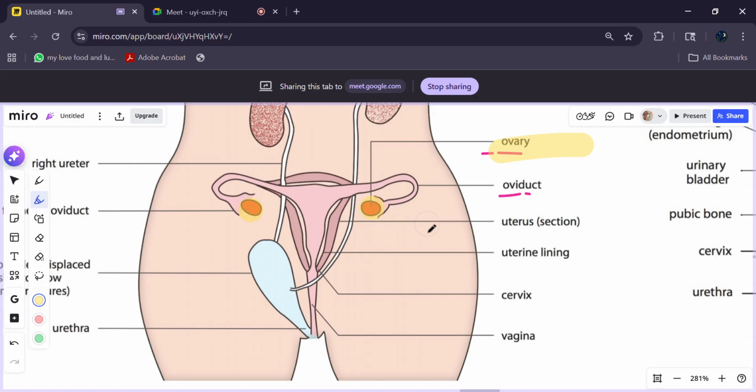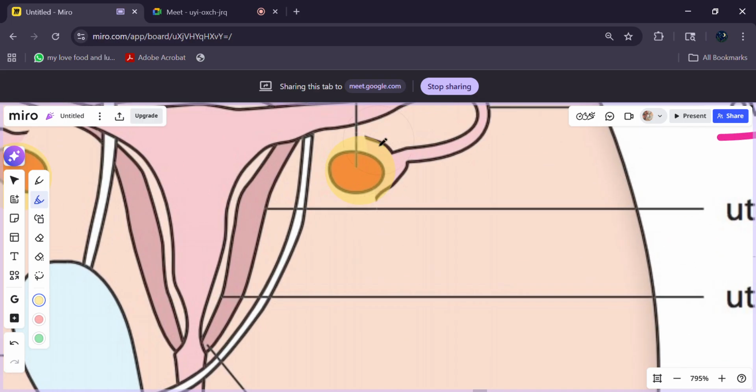Each oviduct is a narrow muscular tube leading from the ovary to the uterus, and it has a funnel-like opening lying close to the ovary. This makes it easier for the egg to enter the oviduct.